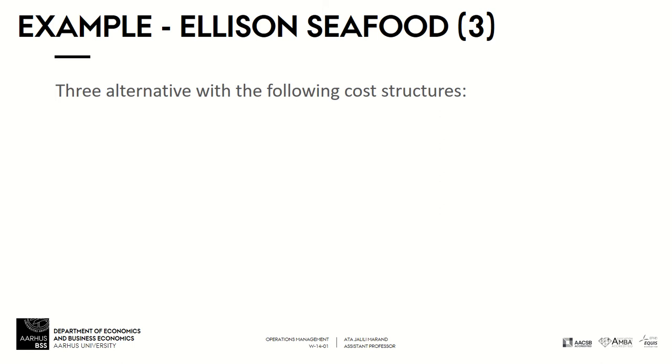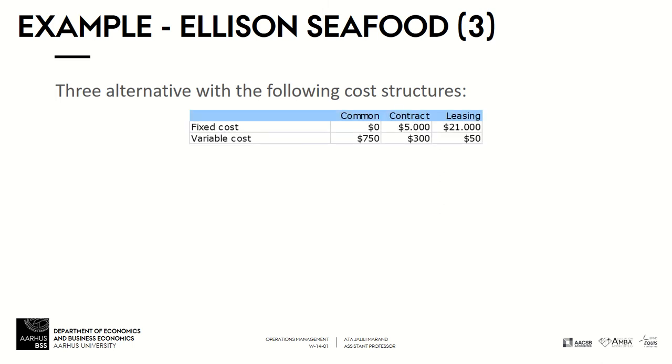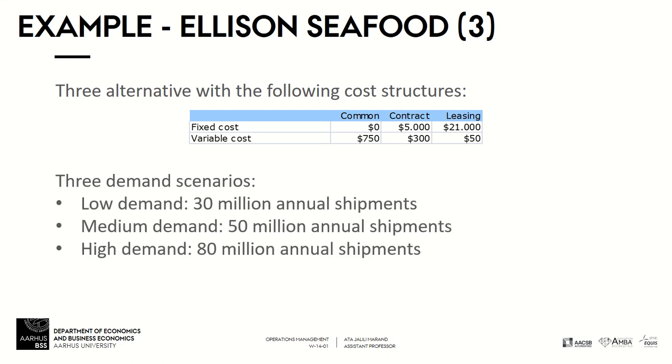This is an extension of the previous example. So we have here three different alternatives: common carrier, a contractual agreement with a company, and then leasing some trucks. For each of these alternatives we had fixed cost and variable cost. This is what we saw in the previous example. Then we can see that there are three demand scenarios: low, medium, and high demand.